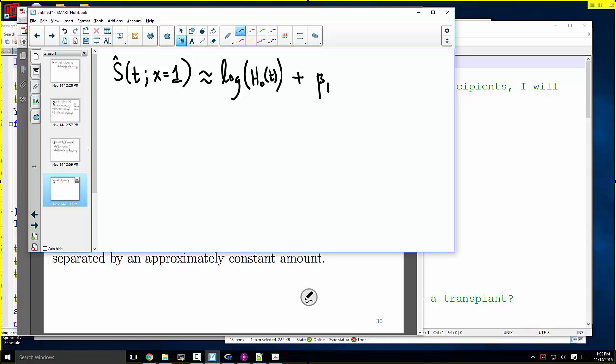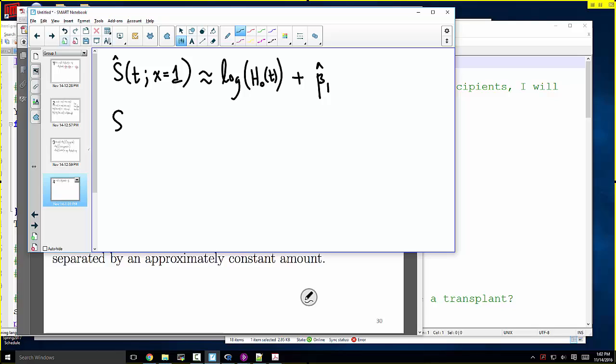Forget about any other covariates. We'll just say, really simple case, we have one covariate, it's binary. In this case, for the x equal 1 group, we have this as the estimated relationship between Kaplan-Meier curve and coefficients from the model. And we could put a hat on this in particular.